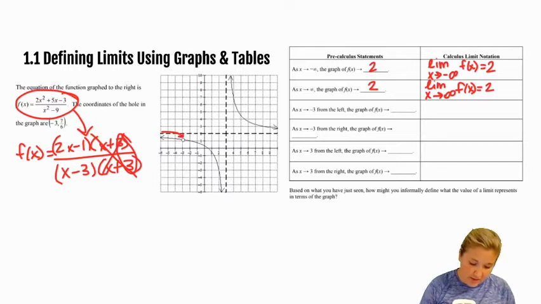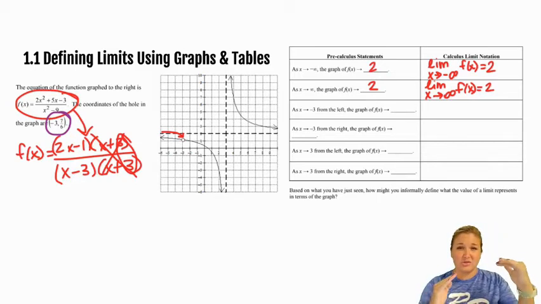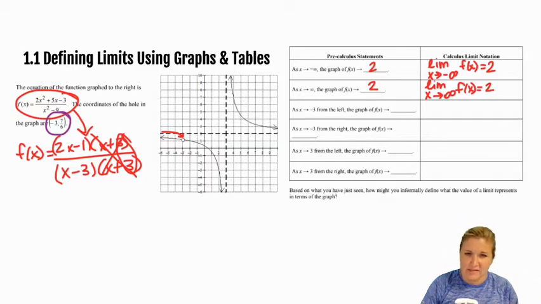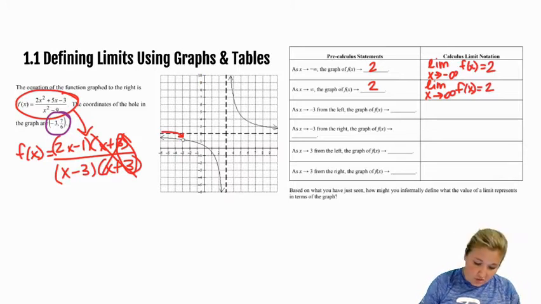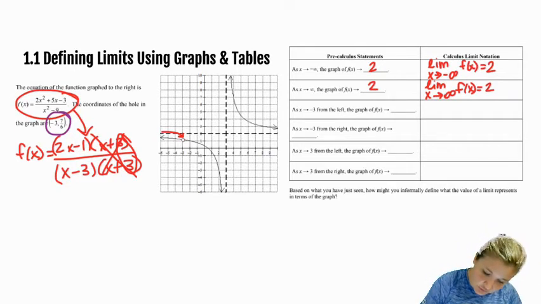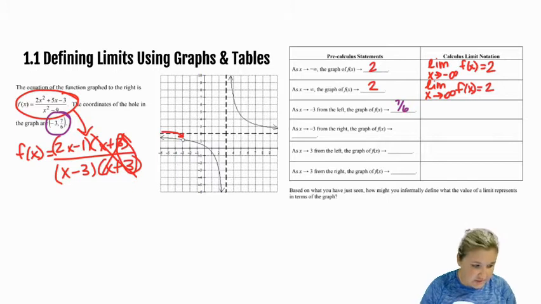Well, we know that from this graph here. We know that it's approaching 7/6. Even though there's a hole, our function values are still converging at a certain point, negative 3, 7/6, but there's just a hole there. So as it approaches from the left, we're going to get values that are closer and closer to 7/6.